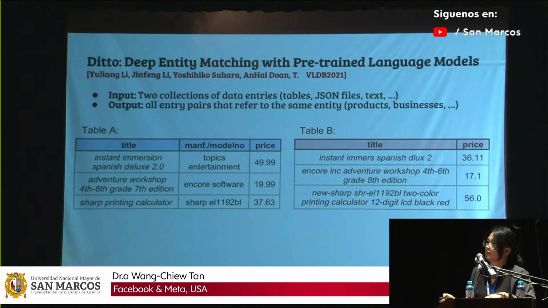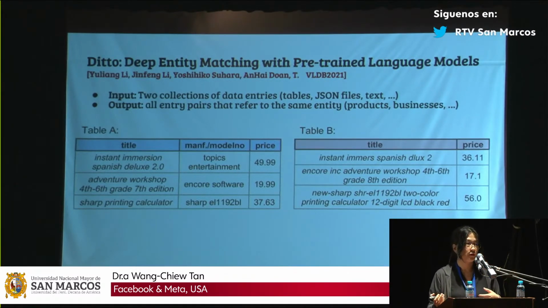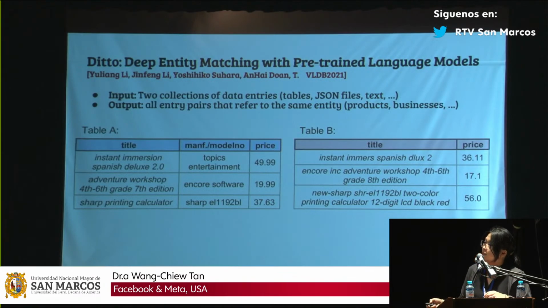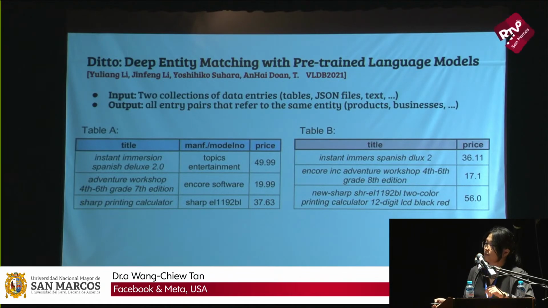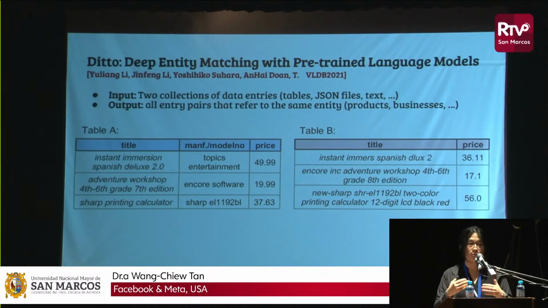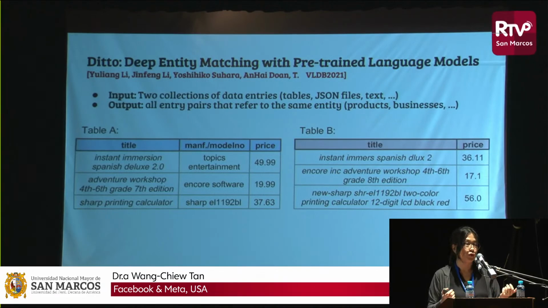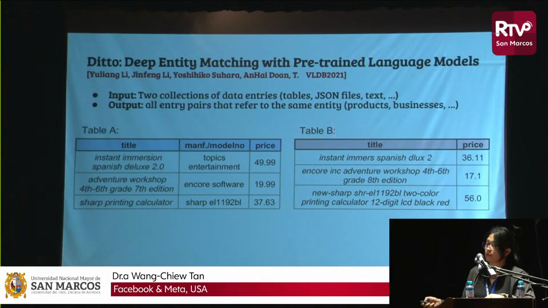The output is all pairs of entries that refer to the same entity, like person, products, or business. So here I'm showing you two tables, one with 3 columns, one with 2 columns. These are tables about products. The goal here is, out of the 9 possible matching pairs, identify which pairs are the right matching pairs. 9 because there's 3 by 3.